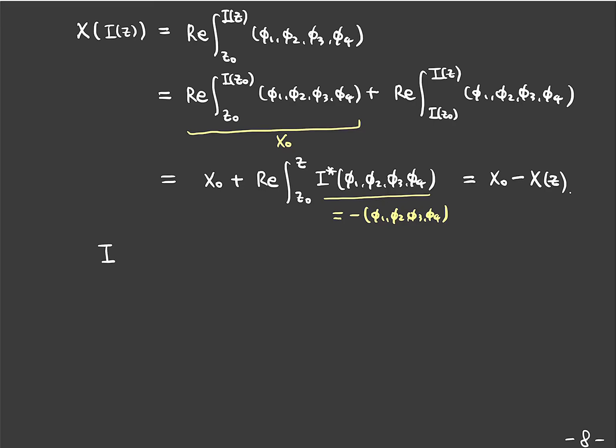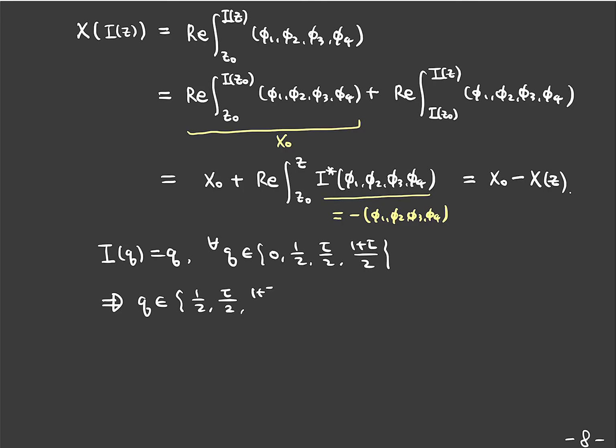Now I fixes the points in here, so for a point Q in the fixed set minus P2, we have that x of Q is x0 minus x of Q, so therefore x of Q is 1 over 2 x0.